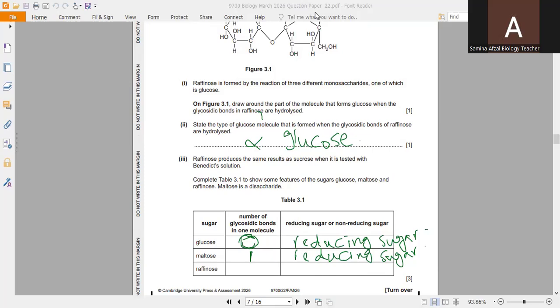Raffinose is the molecule which is made up of three monosaccharide molecules. So there should be two glycosidic bonds by which they are joined with one another. So this is a non-reducing sugar.